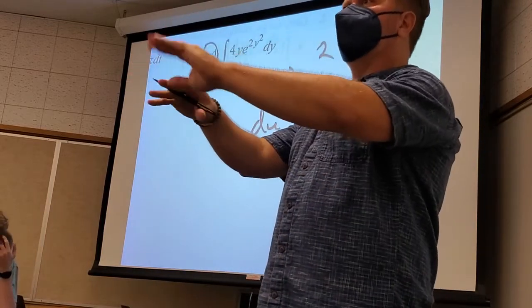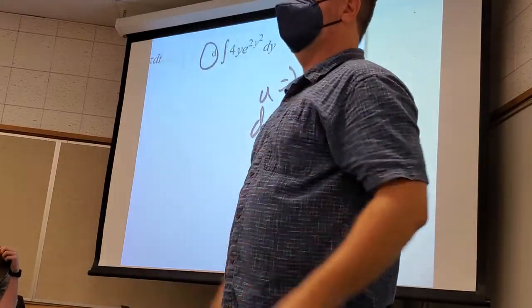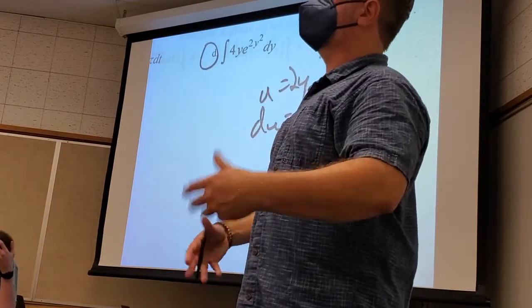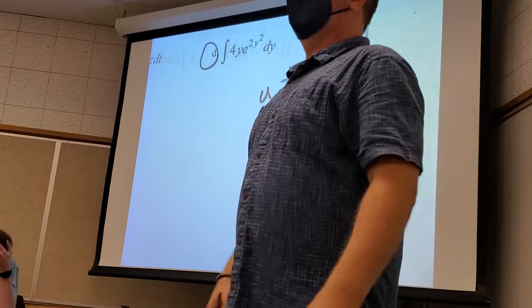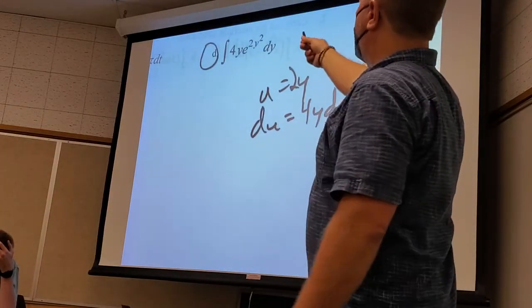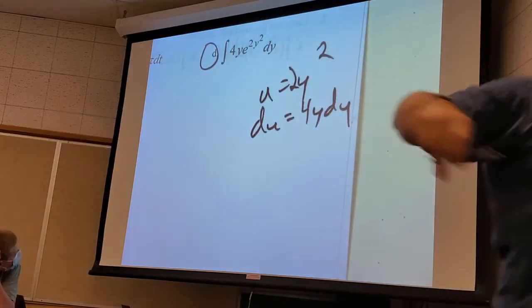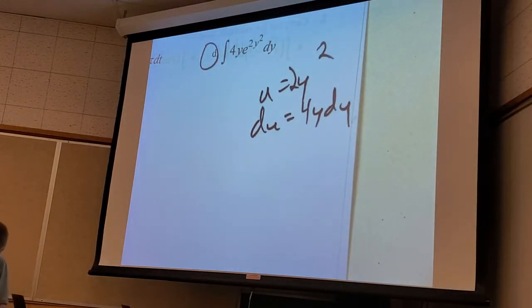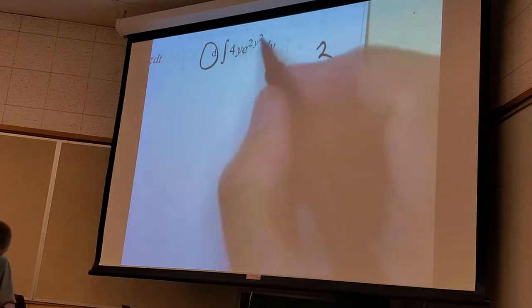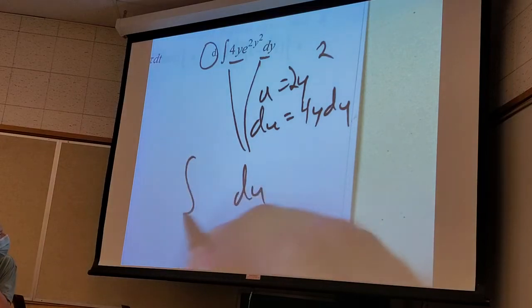But if you've done it, you've had no problem so far, okay, keep doing it, I guess. But it's so much better just to build what you need. It's not that difficult. And here I don't have to build anything. Do I have a 4y dy in there? Yeah. So I can replace 4y dy with du. Bam, bam. So that just becomes du.